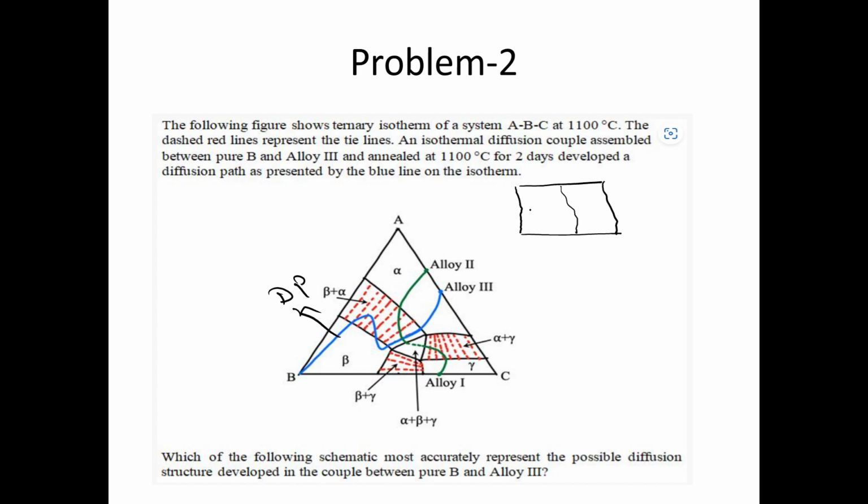This is B and this is Y3. So this is after diffusion annealing. This is a pure B and alloy 3.